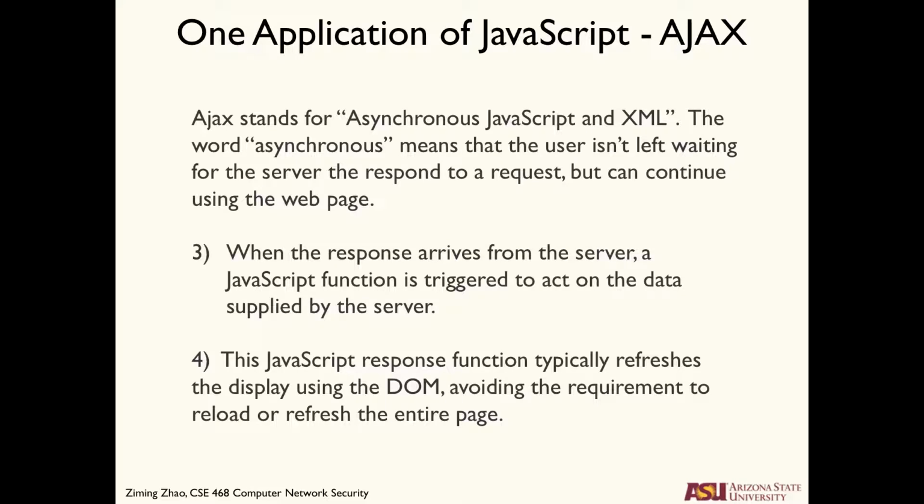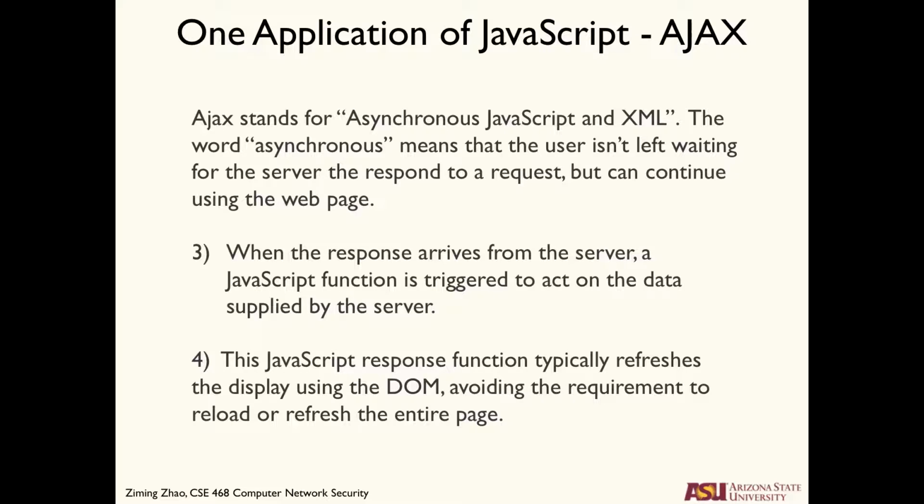When this response arrives, the browser will notify your JavaScript code that it already received this asynchronous response, and usually the developer will develop a callback function, and that callback function will be called by your browser to handle this response.